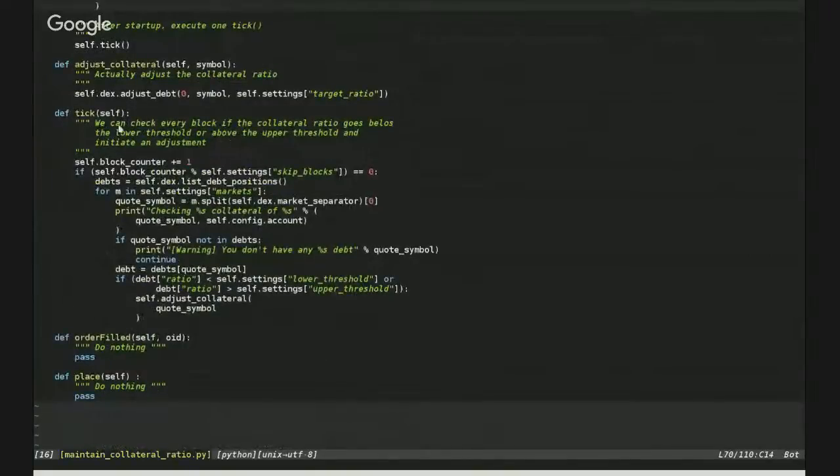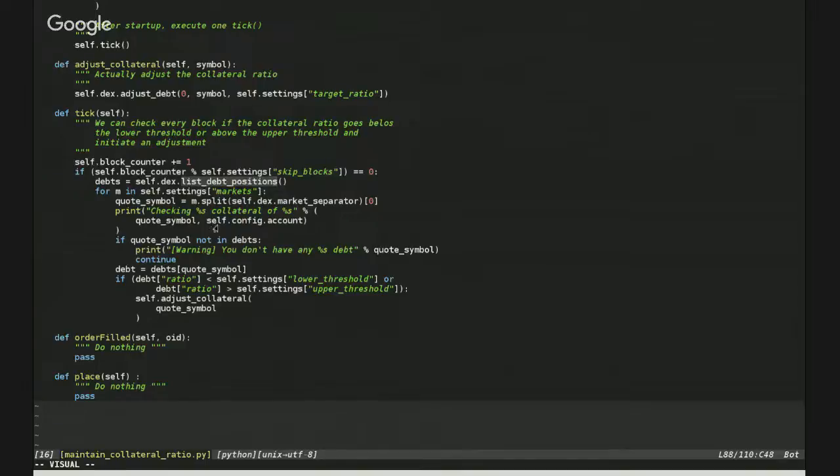You have the tick over here. You have some counter over here, not so important. You have here, where is it? Here, list debt positions of your account, of the watched accounts actually, of the watch account.